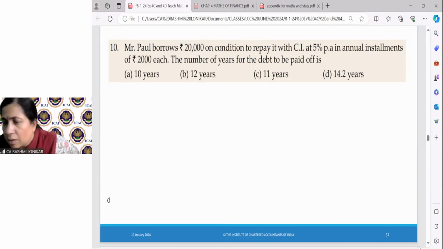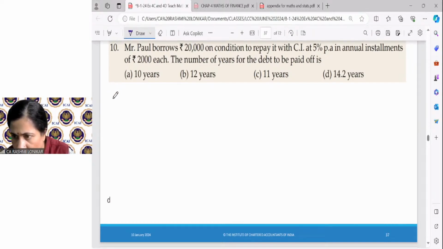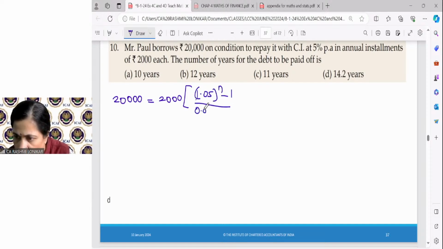So let me see. 20,000 is equal to 2,000 into bracket 1.05 raised to n minus 1 upon 0.05 into 1.05 raised to n.